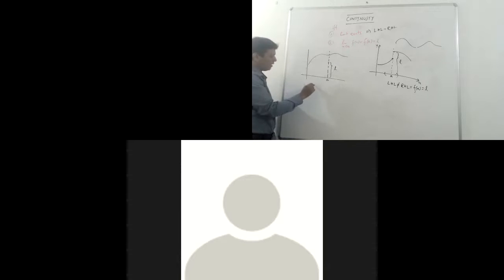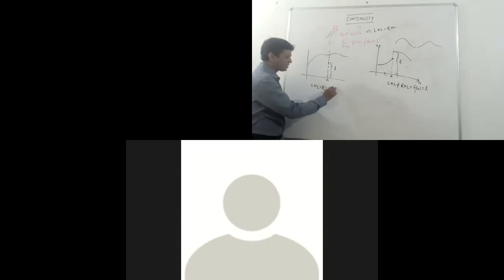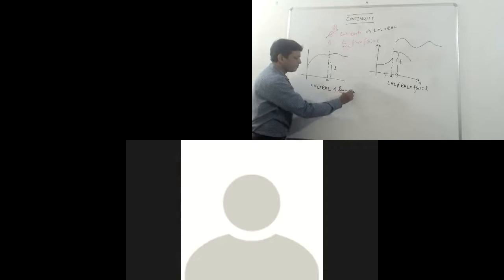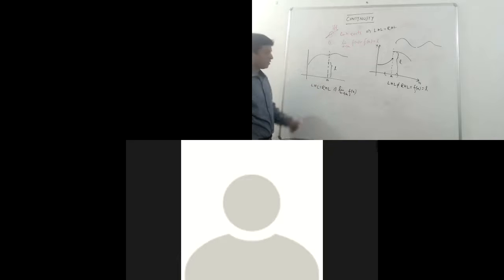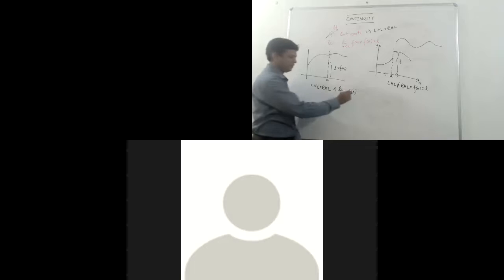You see, left hand limit equals right hand limit, so the limit exists. But that is not equal to the functional value at a. Not equal to the height.